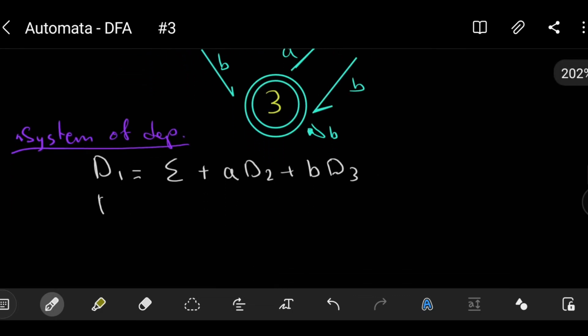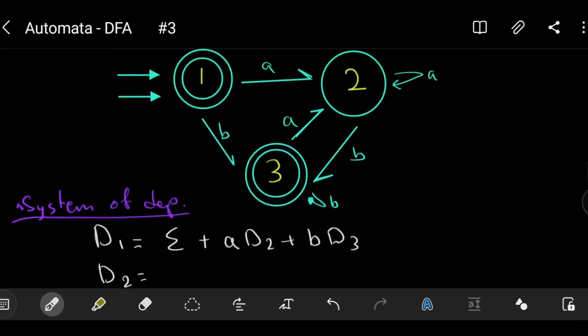Let me go and solve the D2. D2 is the derivative from 2. So if I need to depart from 2, what should I press? I need to press the A. It will give me the 2 itself.